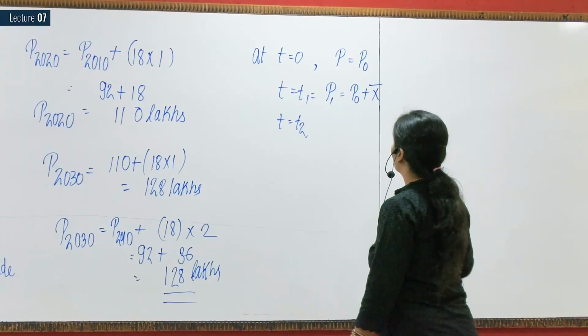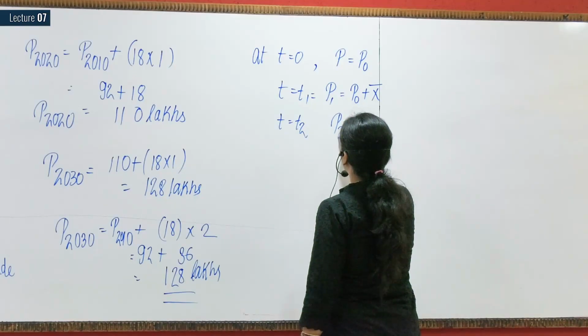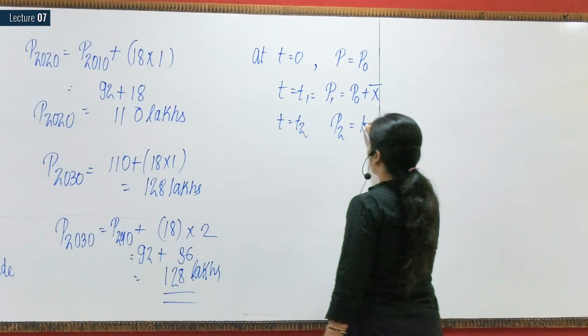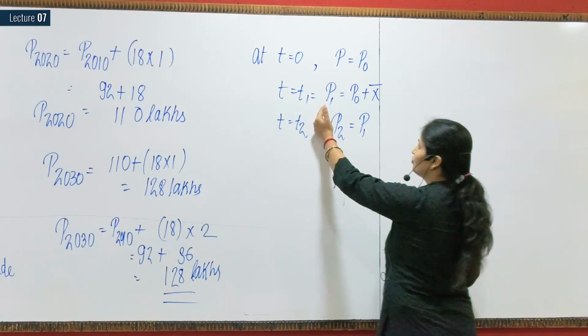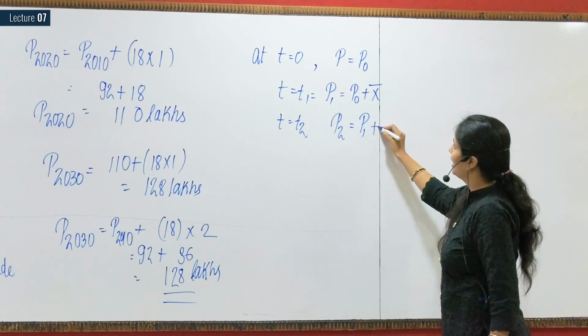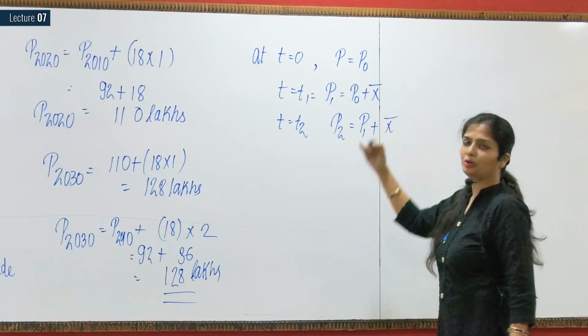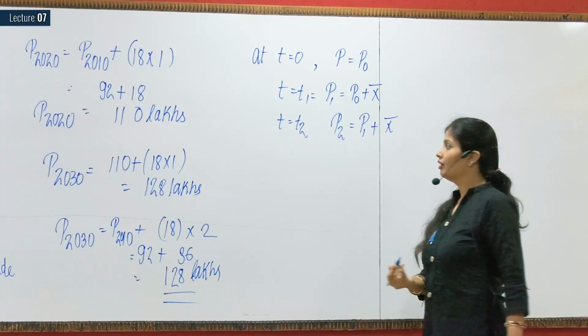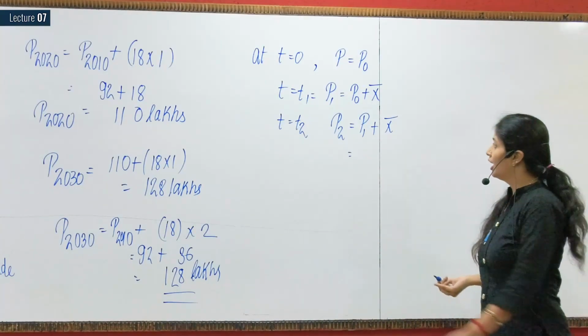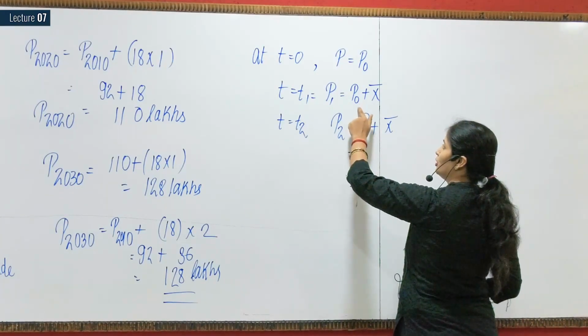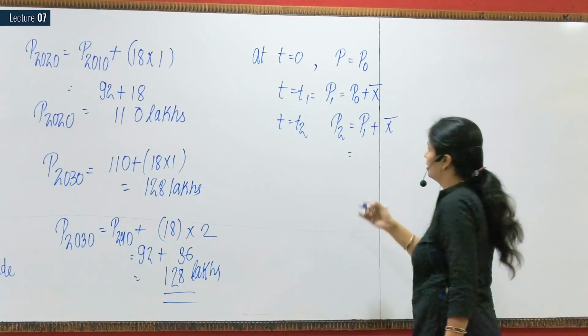What will you do? You know that P2 is equal to P1, which was initially the population I was knowing. So I'll add an average increase in population to this. What I'll get is P1 plus X bar. Now, in place of P1, I can put P naught plus X bar. So, what I'll do?